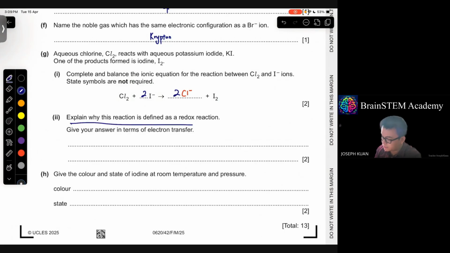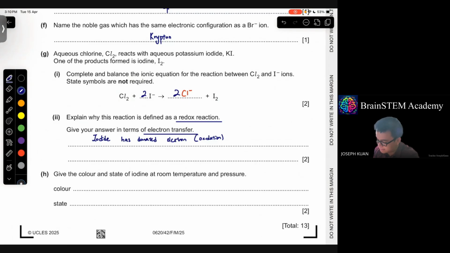Next, explain why this reaction is defined as a redox reaction. Give your answer in terms of electron transfer. Now, we see clearly that, let me rephrase that. Iodide has donated electrons, which means it undergoes oxidation by itself.